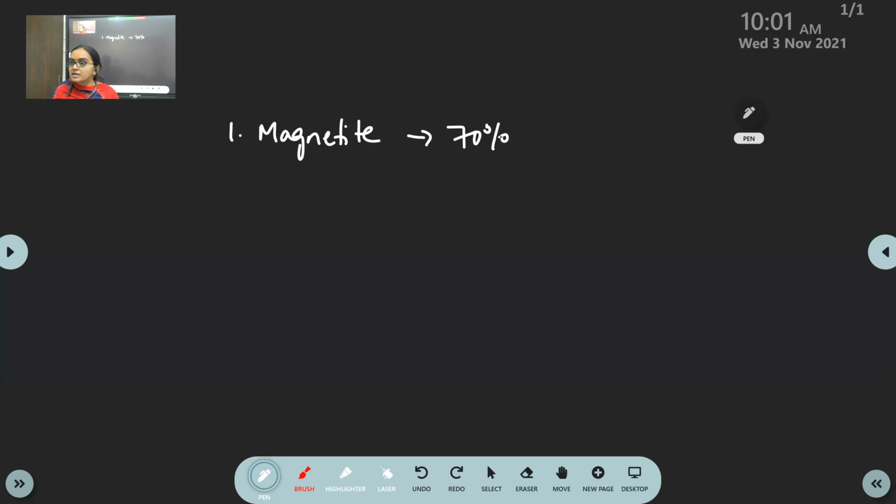And it is black in color. Next, second one, hematite. Reddish ore with 60 to 70% iron.